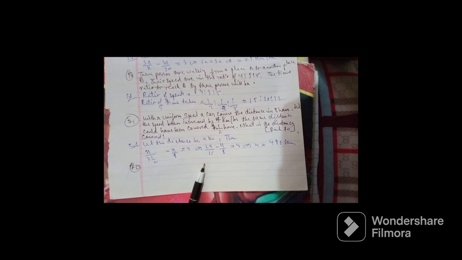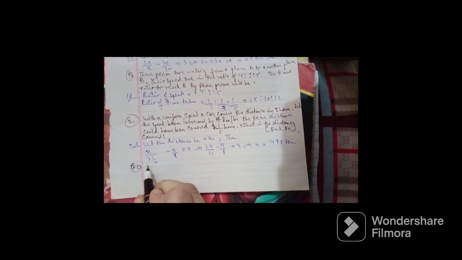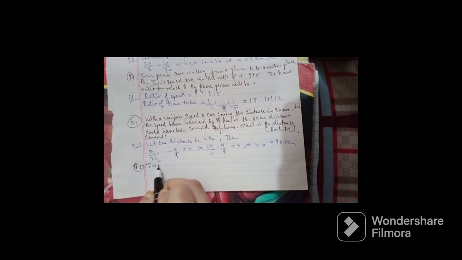The latter arrives half an hour before the former. Where is the distance? Options were 6 km, 7.5 km, 8 km and 9.5 km. So let's find out the solution here.